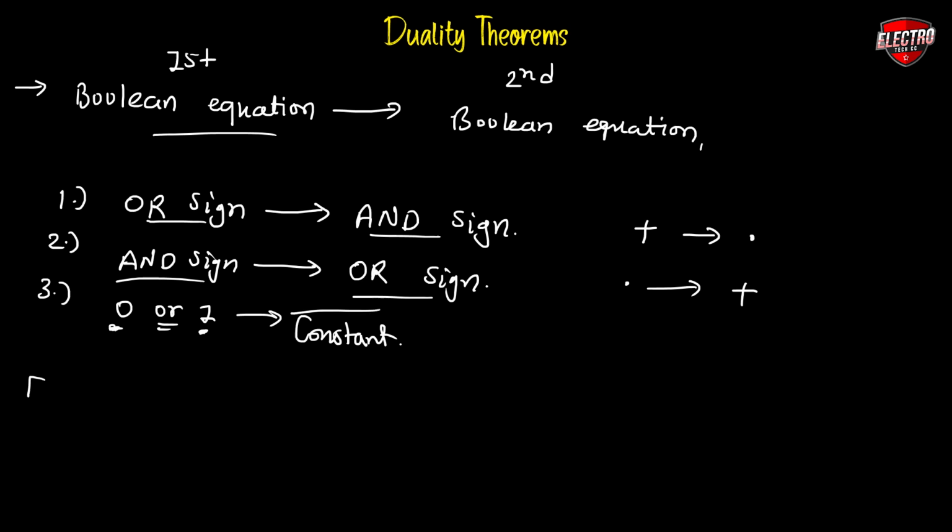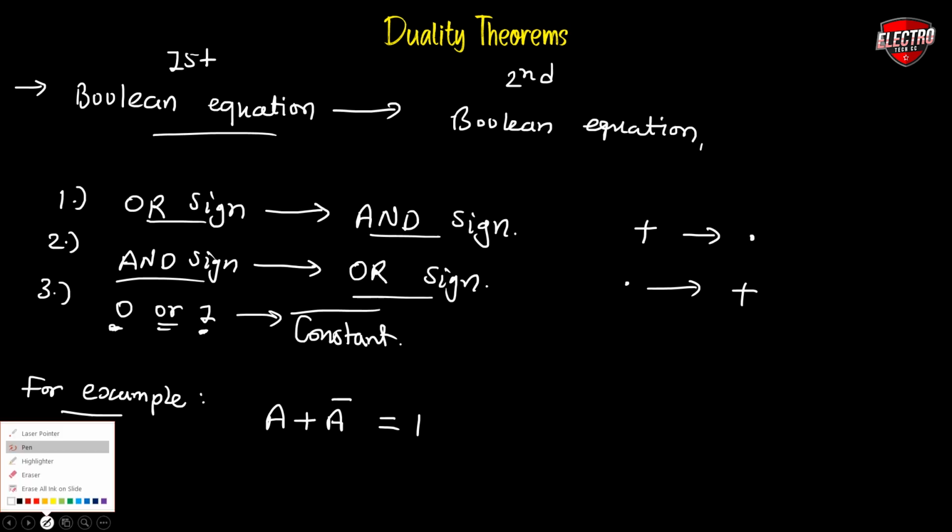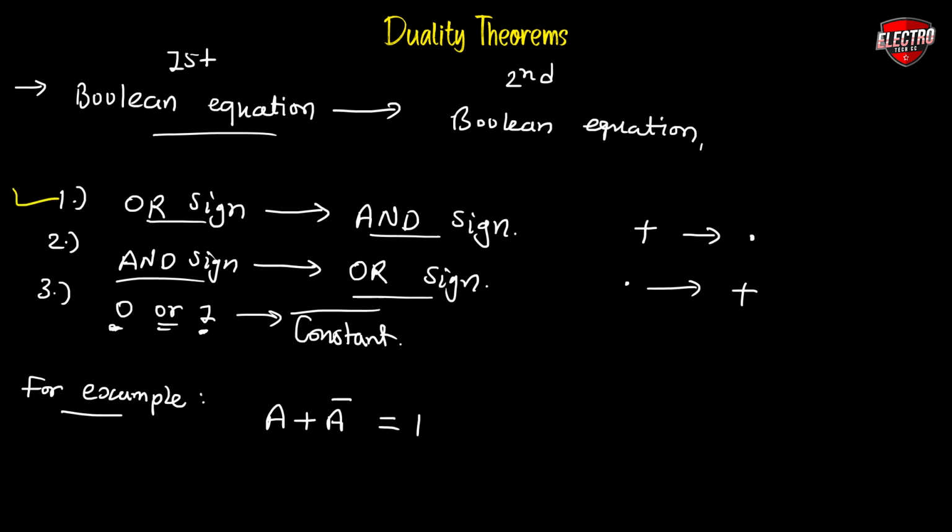Okay, for example, if you have a Boolean equation like A plus A bar is equal to 1, then from the duality theorem, convert the or sign into an and sign.